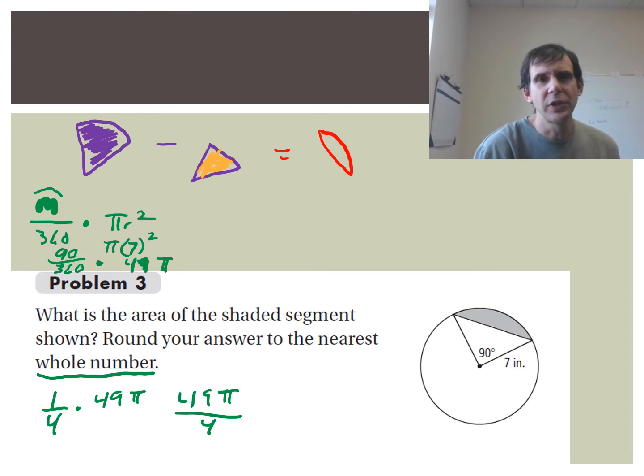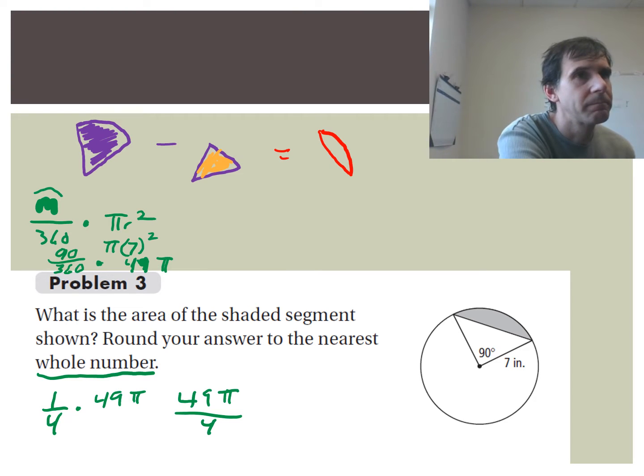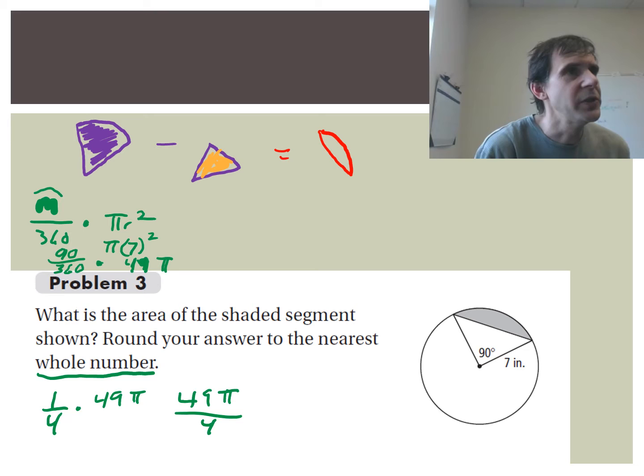So now, since we're just subtracting, I'm going to go ahead and get out my calculator, and I'm going to do 49 times pi equals 153.938, yada, yada, yada. I'm going to divide it by 4. And I get 38.484. I'm going to leave a few decimal places in here.